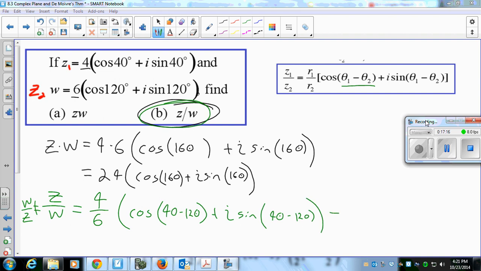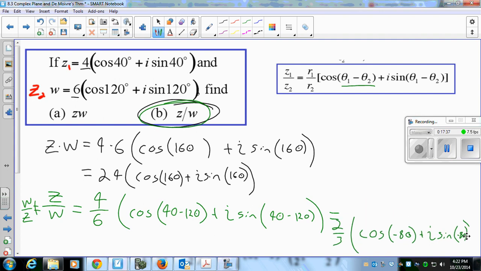So 4 over 6, we get 2 over 3, and then cosine, notice smaller number subtracted from a bigger number, we're going to get a negative answer here, cosine of negative 80 degrees. Okay, plus the imaginary part, sine of negative 80 degrees.